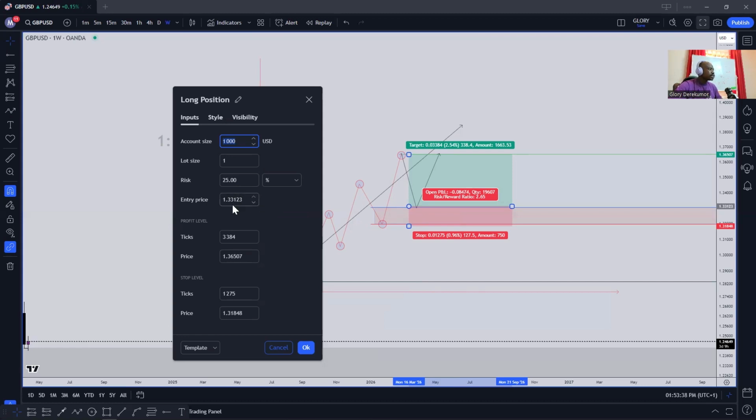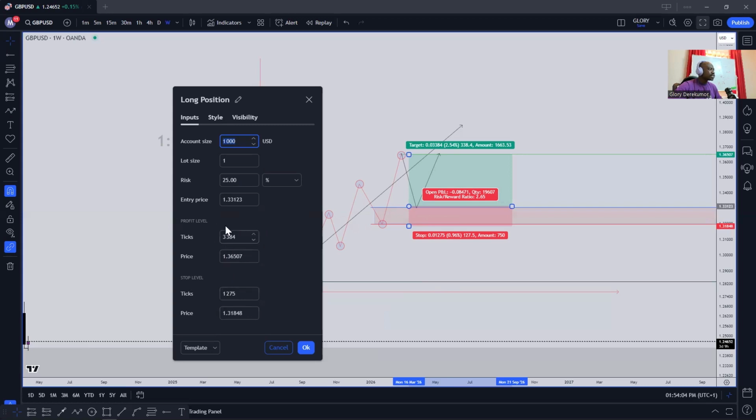It throws away the last decimal place. So right now, what you're looking at is it can be as good as 1.3312, disregarding the last decimal place here, okay? So if we take that same understanding to the profit level and the stop level, right? We can see we have 5 decimal places here, right?